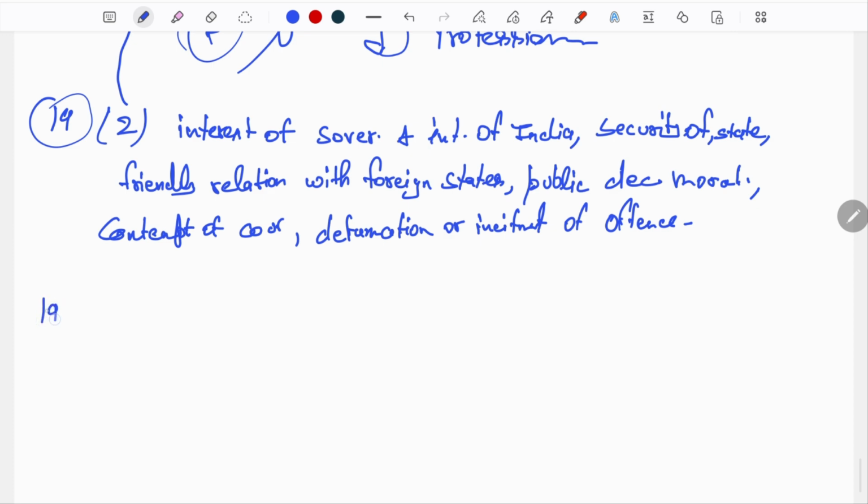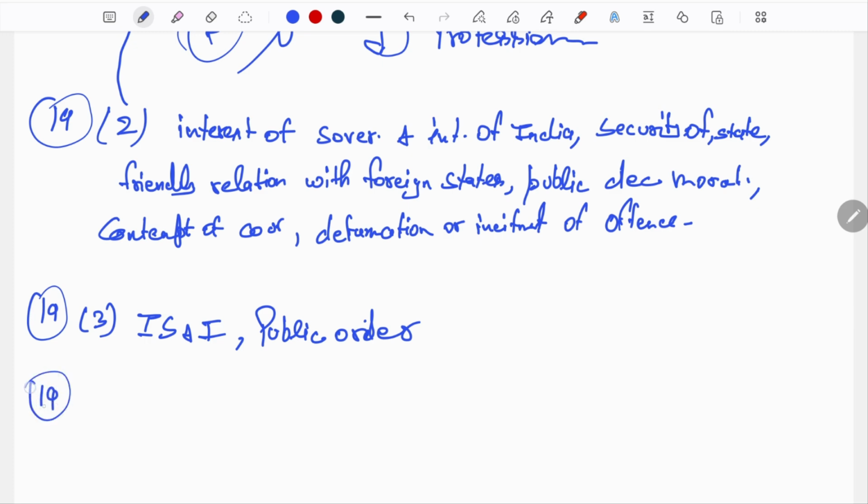Now, 19 subclause 3 defines restriction upon subclause B, that is peaceful assembly. It is in the interest of sovereignty and integrity of India and public order. These are the only restrictions.